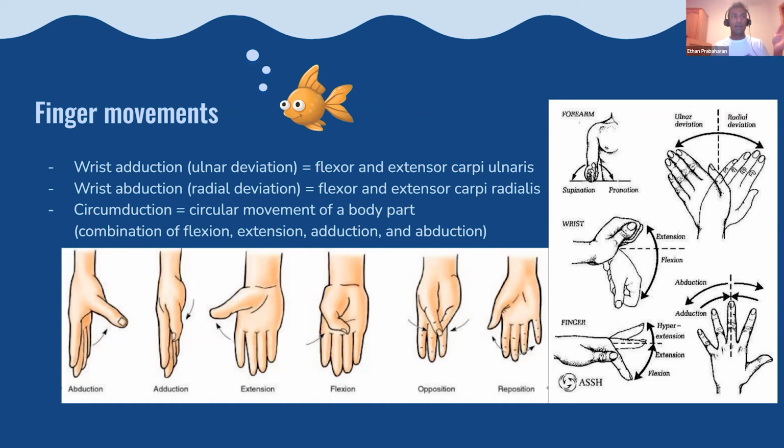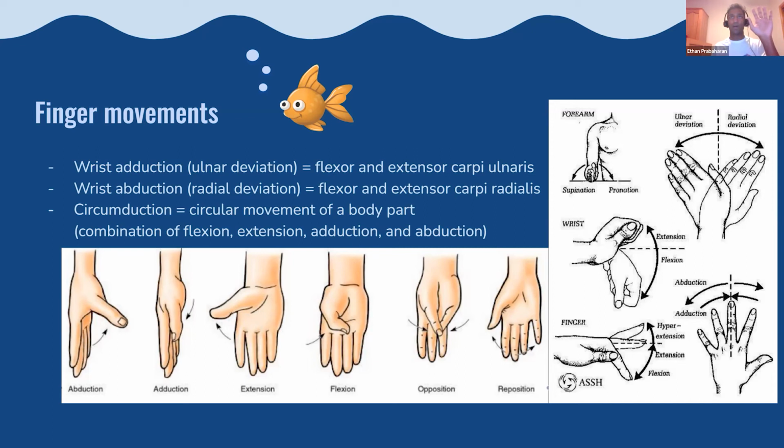Then we also have abduction and adduction of your thumb, right? And if your hand is flat, abduction will move your thumb away. So abduction moves it anteriorly, and it moves it away from your palm. It's probably easier at this angle. Abduction moves it away, adduction moves it closer by, whereas flexion moves it across into the middle of your hand, like it does with all the other fingers, and extension moves it the other way.